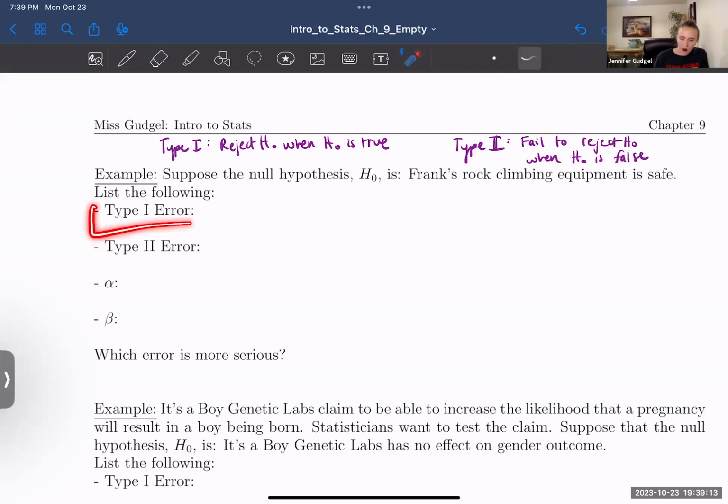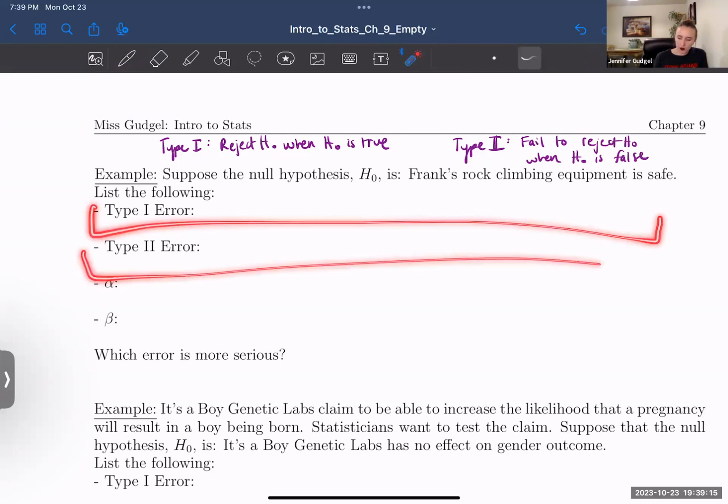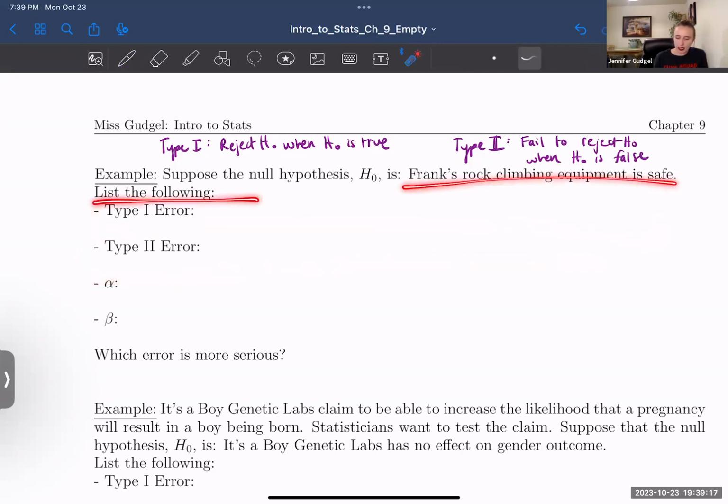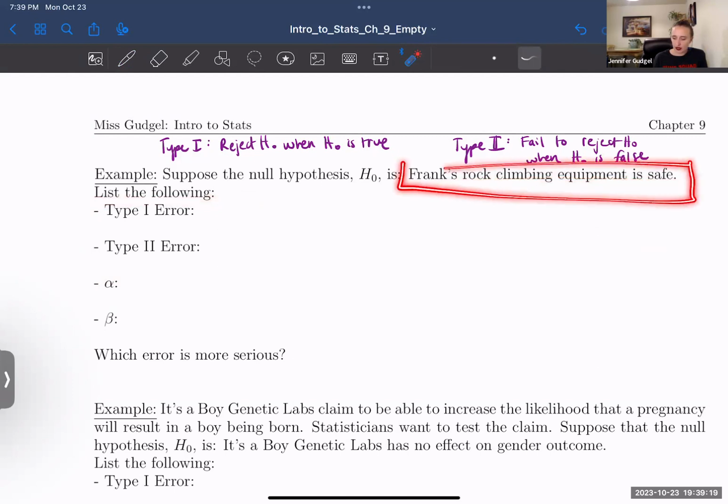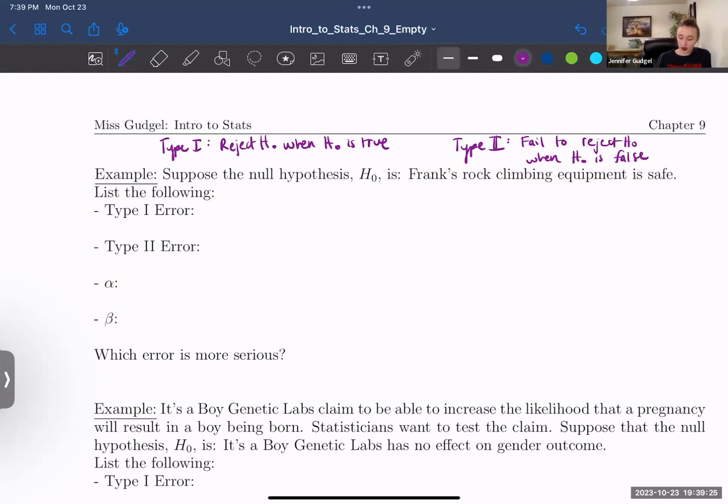So when we write out what our type 1 and type 2 errors are, we're going to actually use the H naught as the given hypothesis that Frank's rock climbing equipment is safe. So a type 1 error is when we reject this. So we're saying it's not safe.